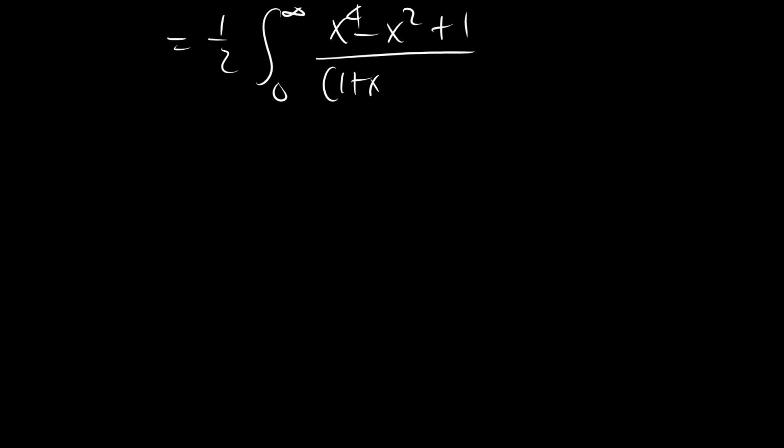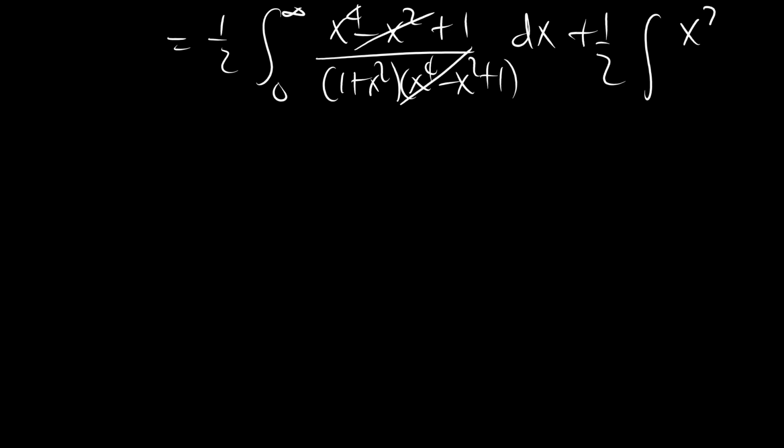So which is equal to a half, 0 to infinity, of x to the fourth minus x squared plus 1 over 1 plus x squared times x to the fourth minus x squared plus 1. And we see this and this cancel, plus a half of x squared over the same denominator. We could express this same thing, but we can also say this is the same as that.